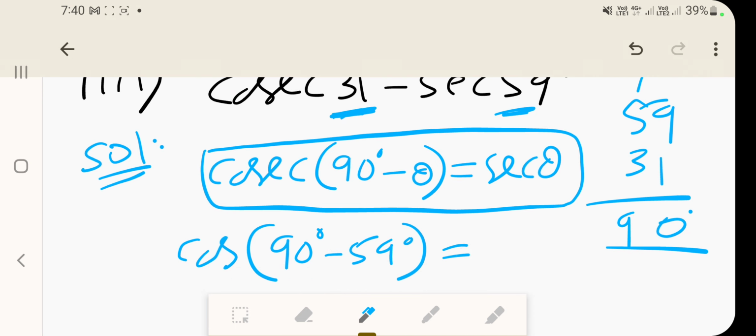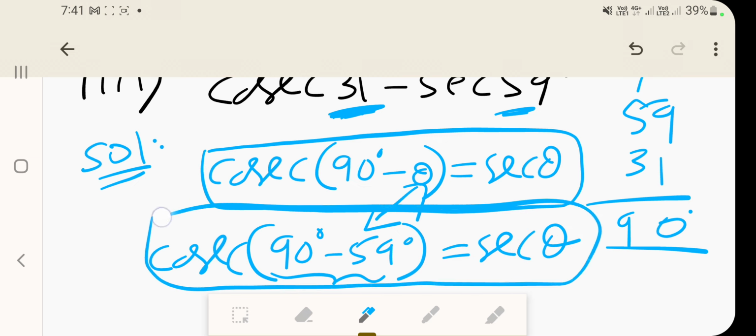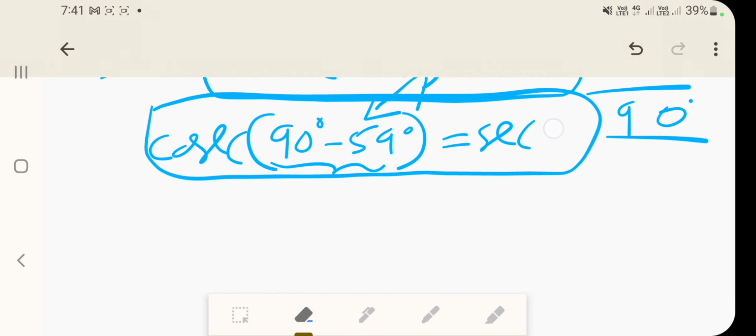In place of 31 we have written 90 minus 59. From the formula, cosecant(90 minus theta) is nothing but secant theta. So this cosecant 31 can be replaced with secant 59 degrees.